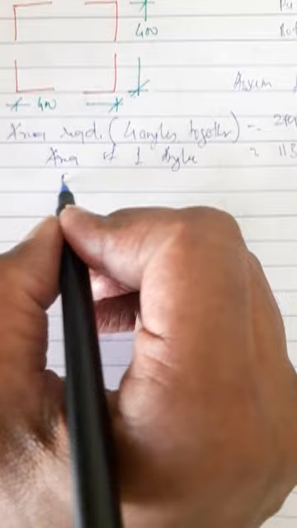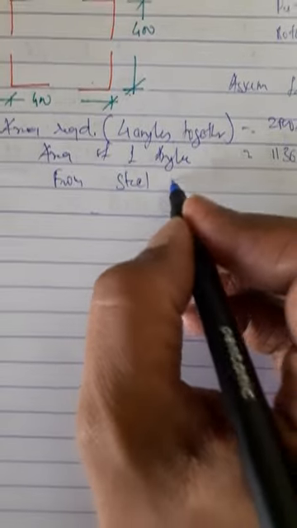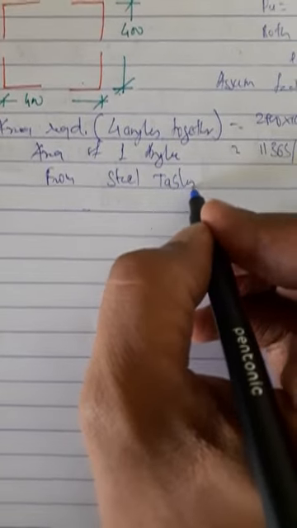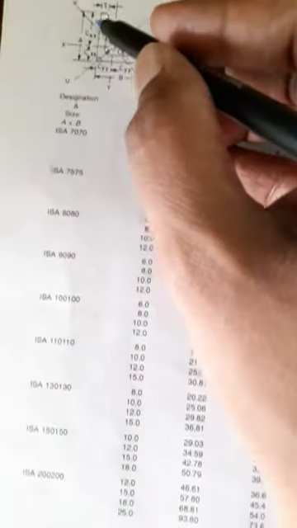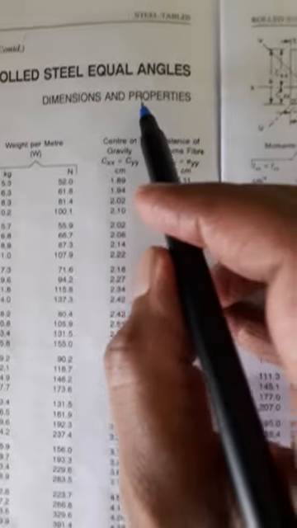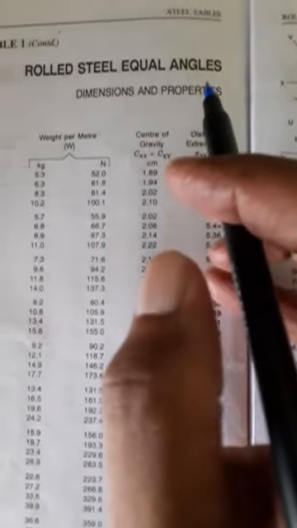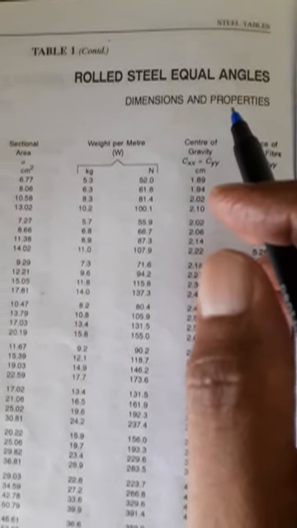From steel table, always remember, go for equal angles where both the legs are same. The reason is, if you choose unequal angles, you will have to find Ixx and Iyy differently.